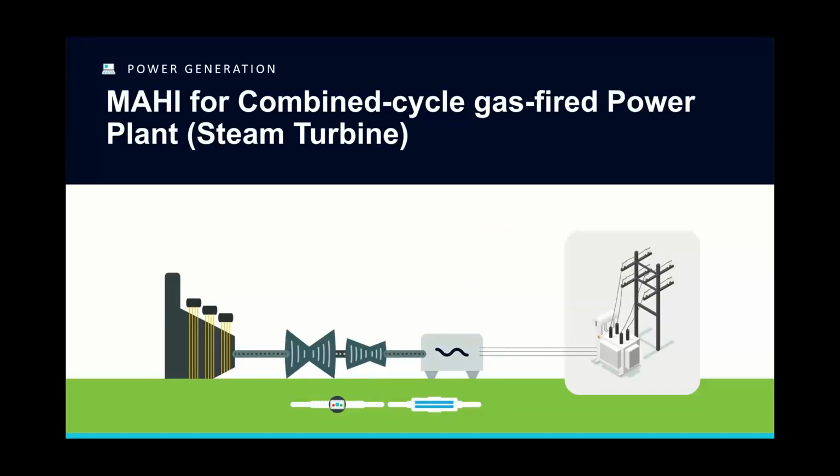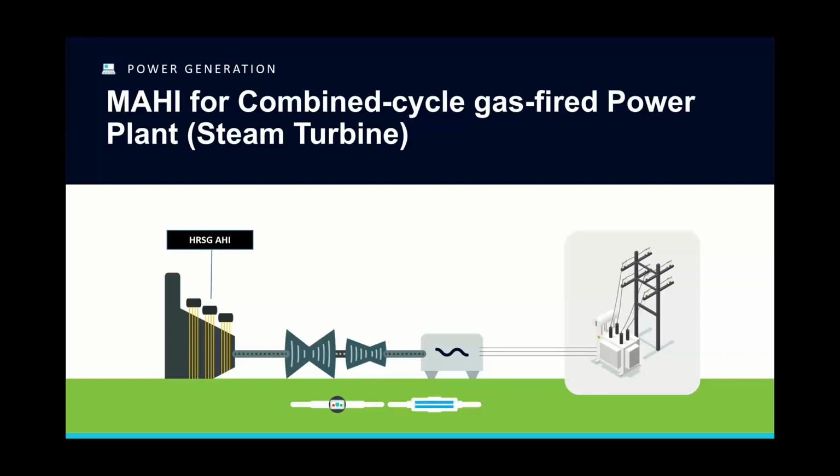For example, let's look at a steam turbine within a combined cycle power plant. What we want to be able to do is to look unit by unit at the individual major subsystems that make up that unit.